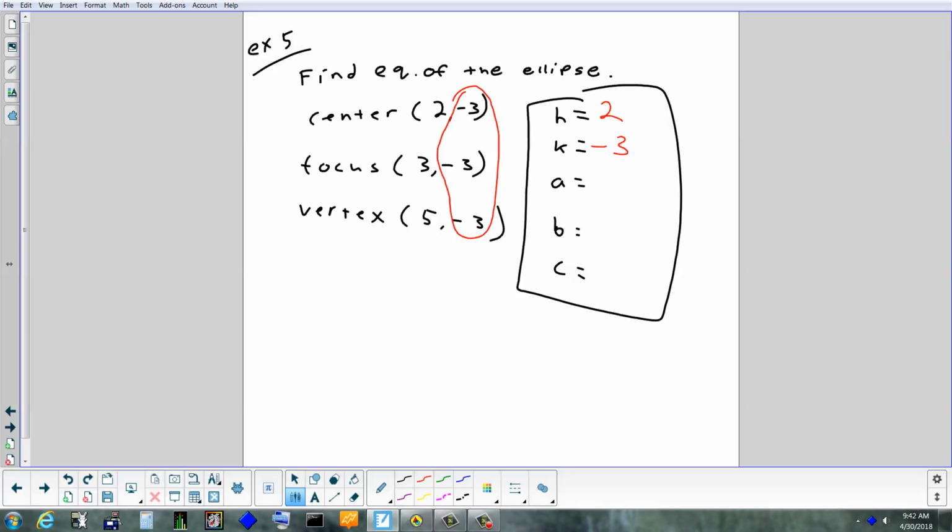Okay? So based on that, anyone think they can tell me what A is? Yeah, 3. Distance between the center and the vertex is 3. And how about B or C? Which one can I find directly without using any equation?